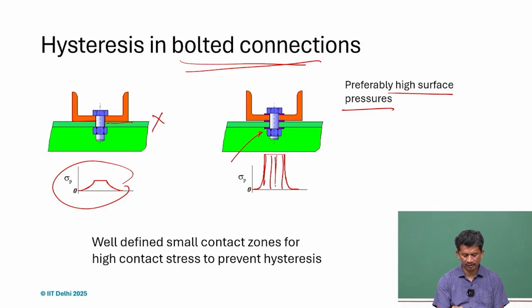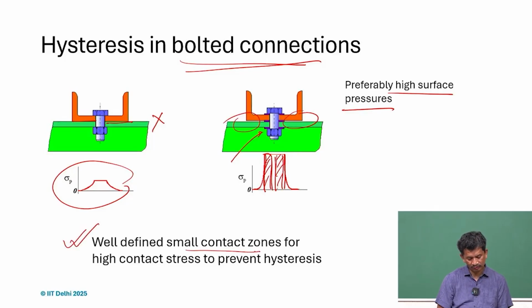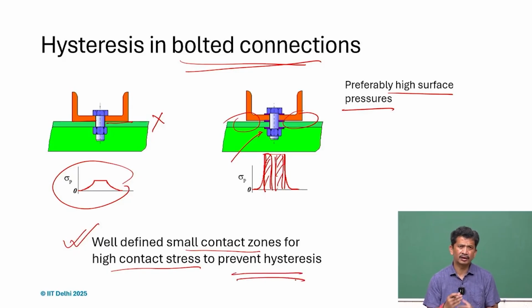The stresses are concentrated and defined along the washers, and there is no contact in these regions. So with well defined small contact zones for high contact stresses, we can prevent hysteresis, and thus we can achieve better precision.